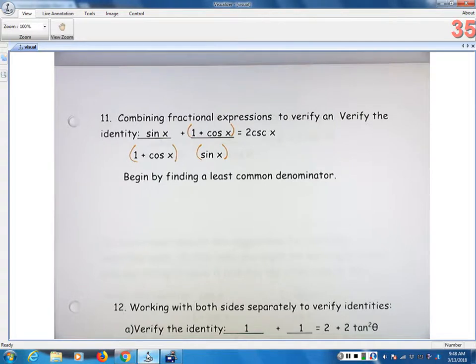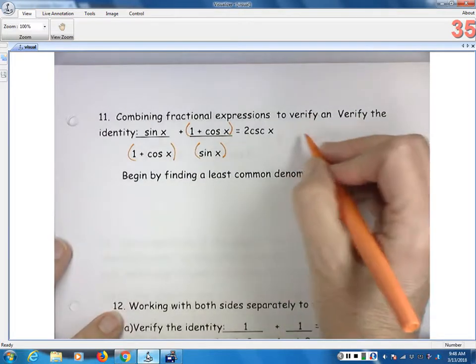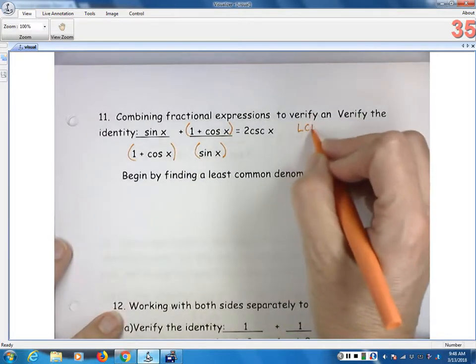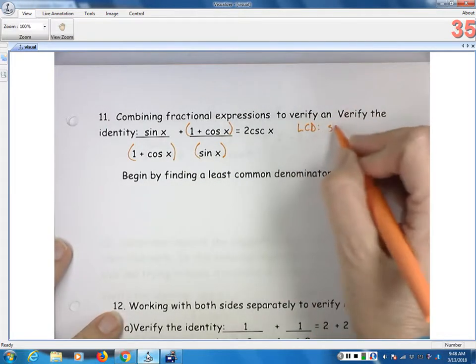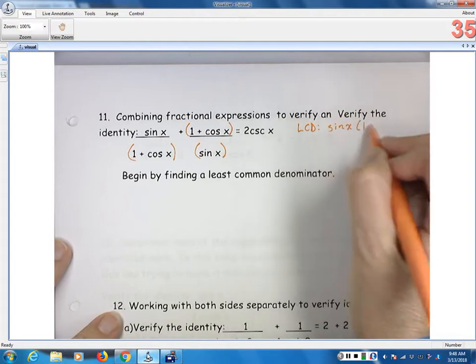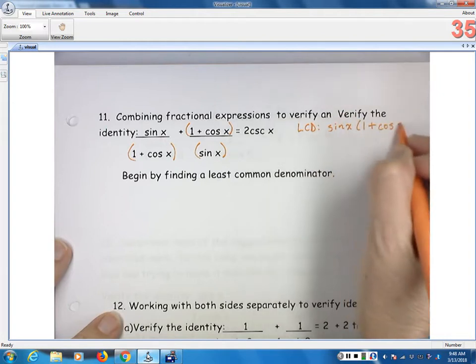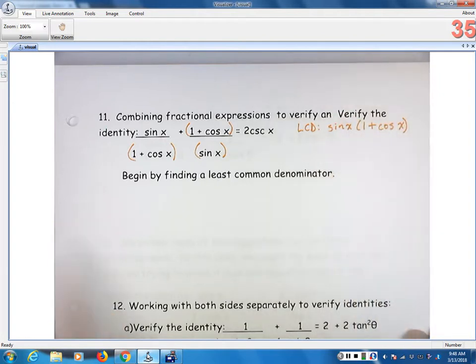The LCD is sine x times 1 plus cosine x. That's always a common denominator: multiply the denominators. In this case, there's no common factor, so that's the LCD.